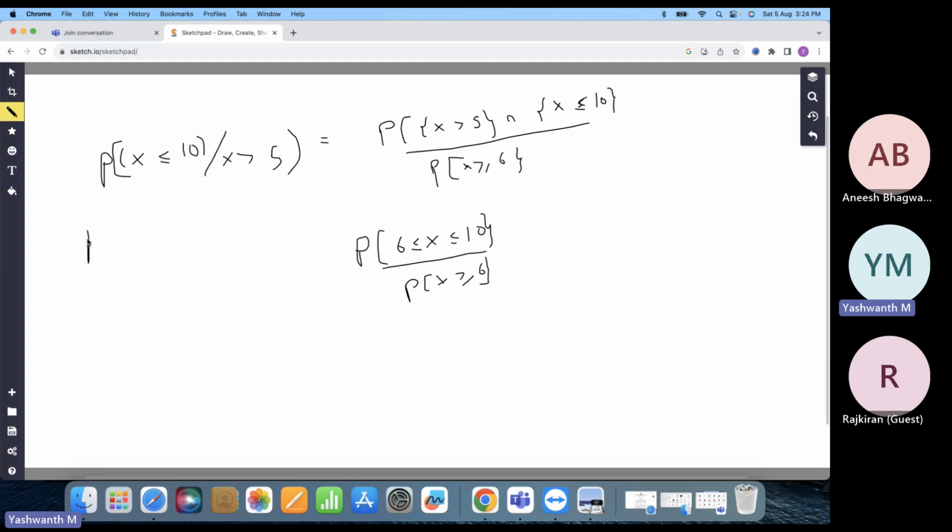So when I say the probability that X is less than 5, you have to understand that this is equal to the probability of the set of omega such that X of omega is less than 5.